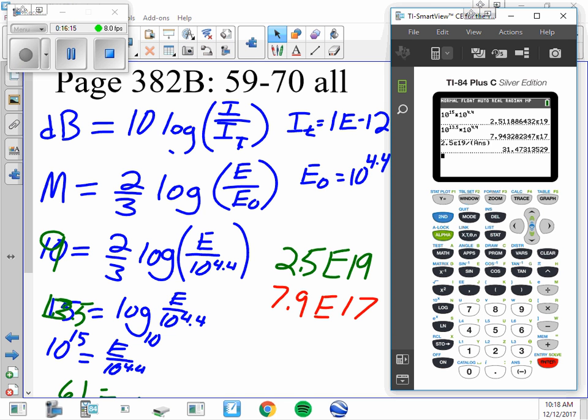Was there a photography formula in the last set? So the pH formula we have, and then the information theory formula is given to you. The pH formula is back on page 371.